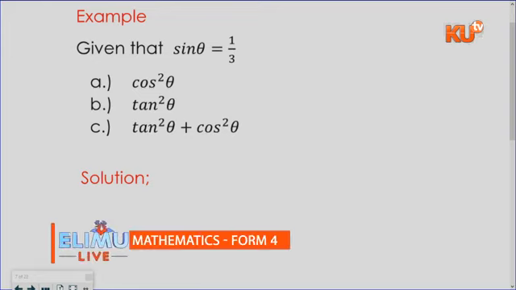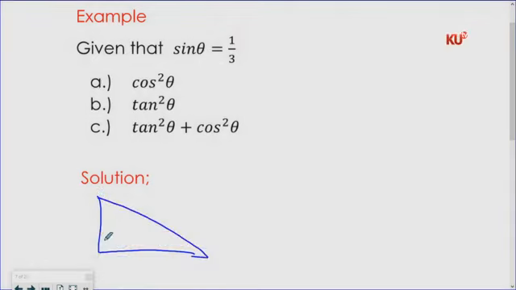So let's have the solution to this example. We can have our right angle triangle. We have 90 degrees there. Let's assume that this is our theta. And we are saying sine theta is equal to opposite over hypotenuse.